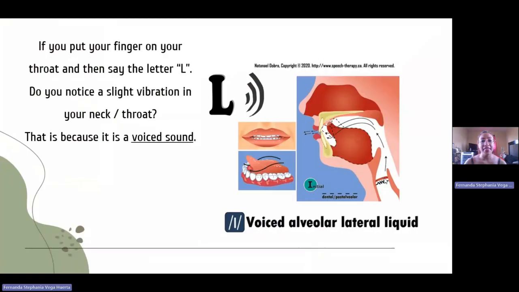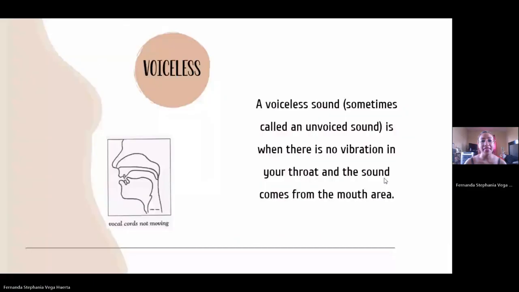Then voiceless means that you don't use your vocal cords whatsoever in order to produce the sound, right? And if you touch your throat, it's not going to move because that sound doesn't need vocal cords in order to be pronounced. All right. So remember, voiced is when your vocal cords are moving, and voiceless is when they're not moving at all.